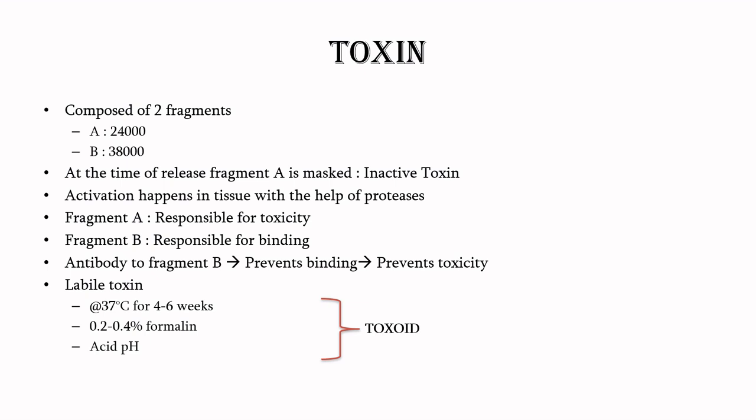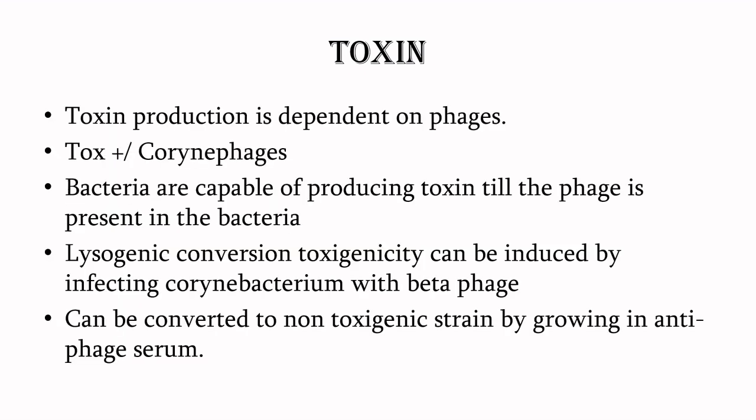This toxin is a labile toxin, meaning you can convert it into a toxoid by keeping it at 37 degrees Celsius for 4 to 6 weeks, exposing it to 0.2 to 0.4% formalin, or slowly reducing the pH to an acidic pH. As far as Corynebacterium diphtheriae is concerned, this toxin is dependent on the bacteriophage. Bacteriophage is nothing but a small virus which infects the bacterium.